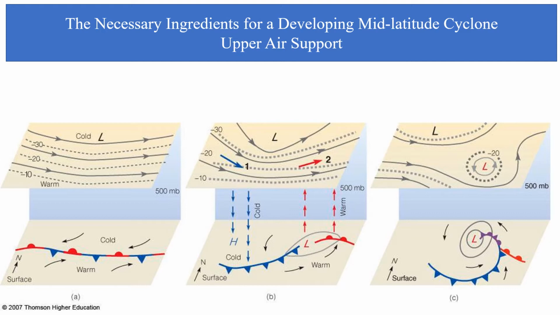On the 500 millibar chart, the contour lines, represented by the gray line over here, and the isotherms, the dashed gray line in picture A, are parallel to each other and crowded close together.